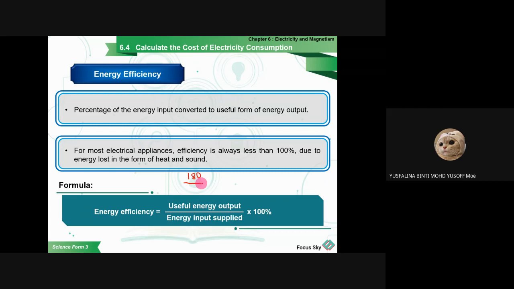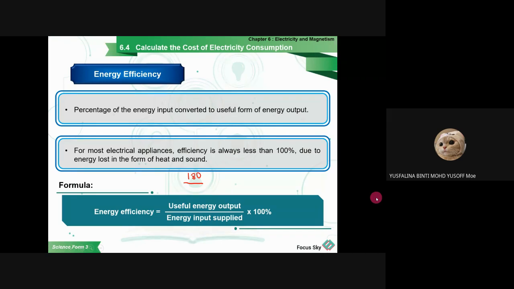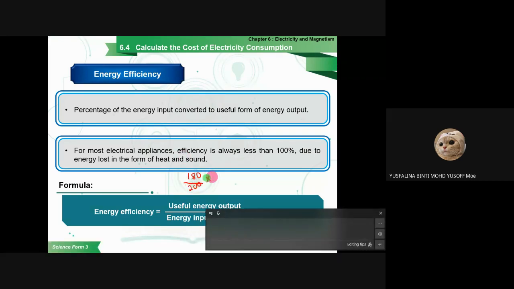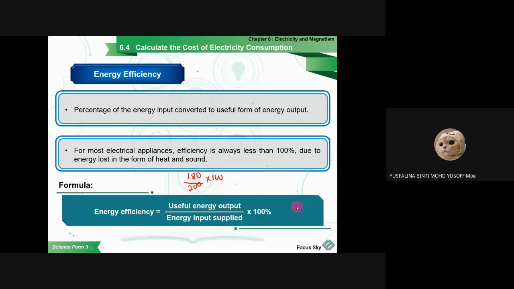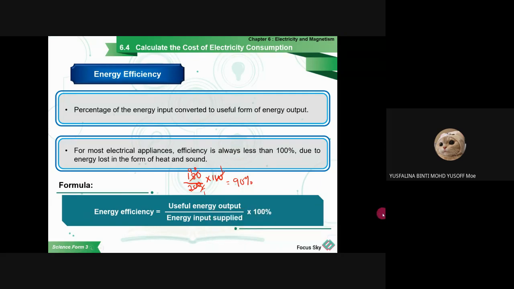Then you divide by the energy supplied to the refrigerator, that is 200 joule, and times 100. You will get 90%. So this is the efficiency, only 90%.